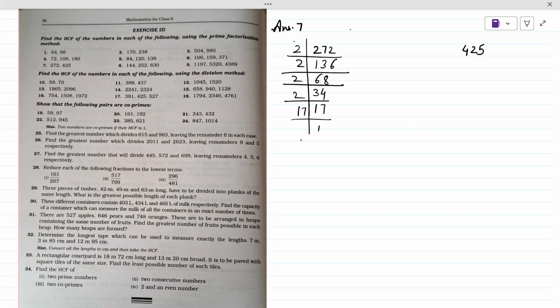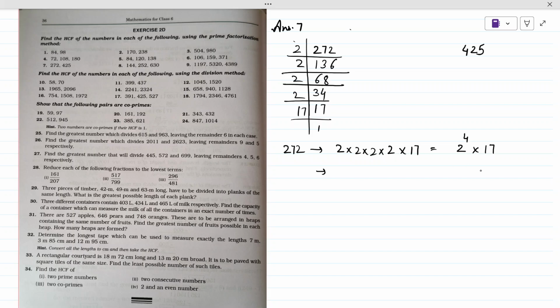So these are the factors of 272. I'm writing here, this is 2 multiplied by 2 multiplied by 2 multiplied by 2 into 17. If I want to write it in the form of power, it will be 2 raised to the power 4 into 17.